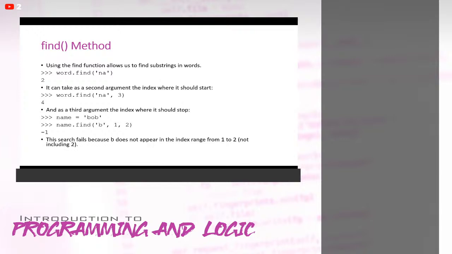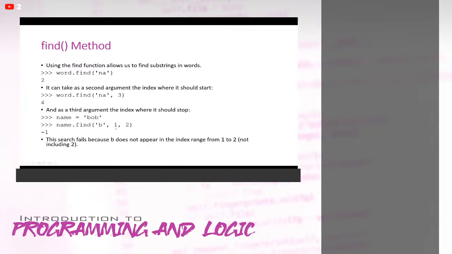In this instance, like what we're looking for in our third bullet point, we have name equals Bob. name.find, we're looking for the letter B. We have an index location of 1 and an index location of 2. Remember that whenever we're dealing with strings or anything that has index locations, we go up to, but we don't include, that second one. So in this instance, we have BOB, that's 0, 1, and 2.